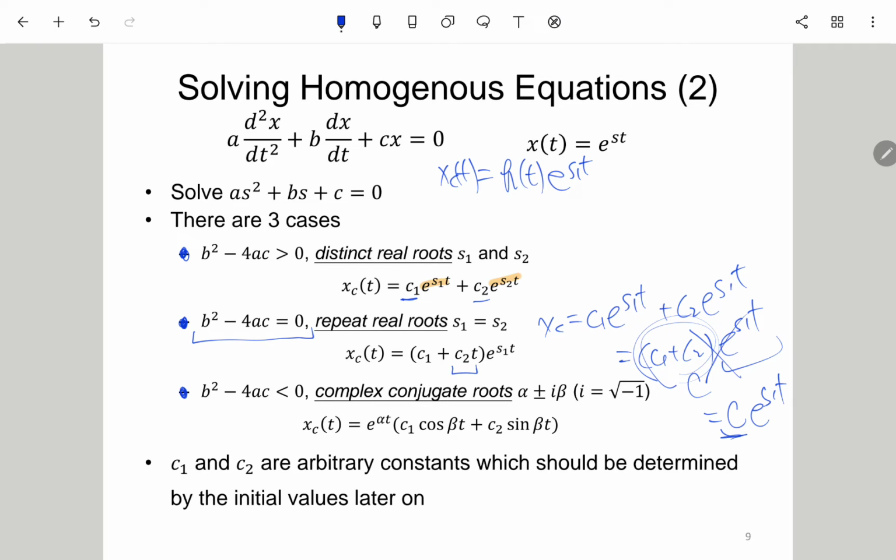And why do we assume it is a function multiplied by this thing? Because this is already a solution, we may also guess that the second solution is also related to this function. So we try to multiply this thing to the original solution, and we hope that this is also a solution.